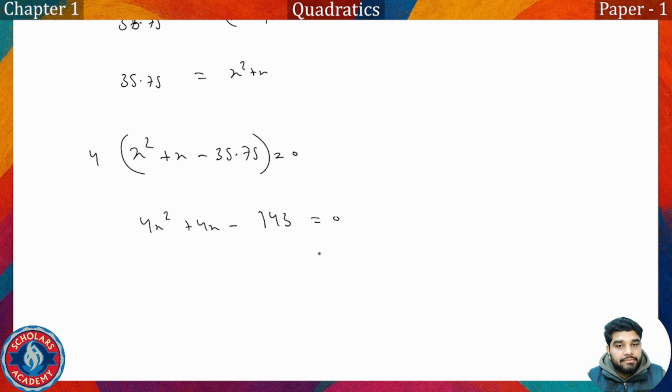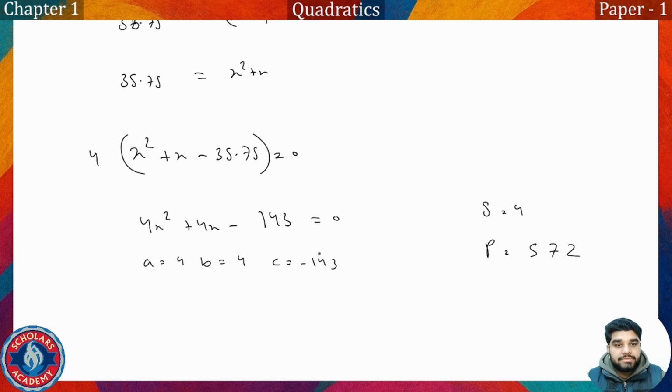Now A is equal to 4, B is equal to 4, C is equal to negative 143. So sum over here is 4 and product over here is 143 times 4. So it's 572.